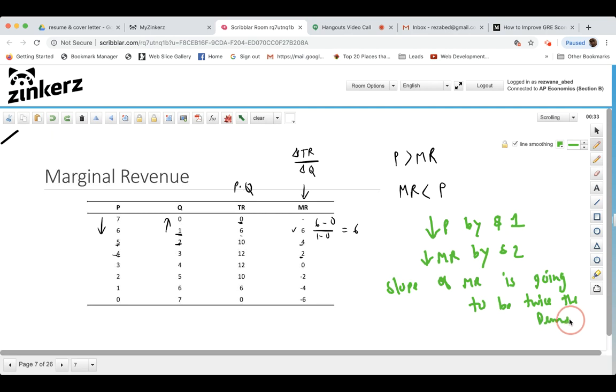When we draw the marginal revenue, we can plot it at different quantities like we did the demand curve, and you will see that marginal revenue is twice as steep as the demand curve.